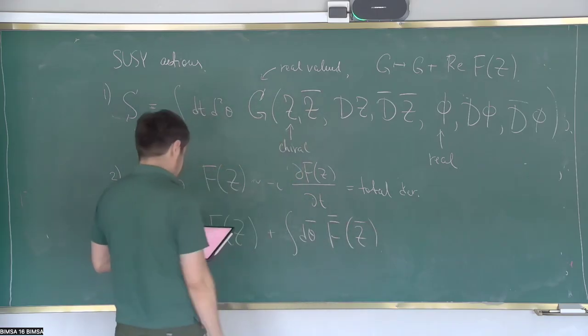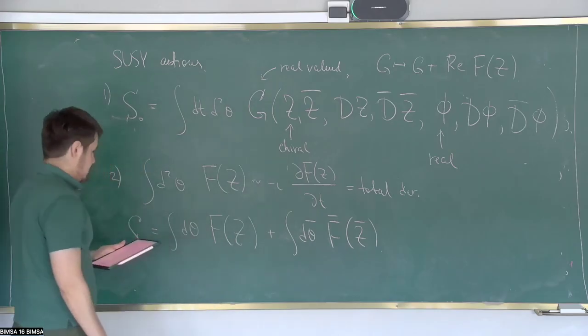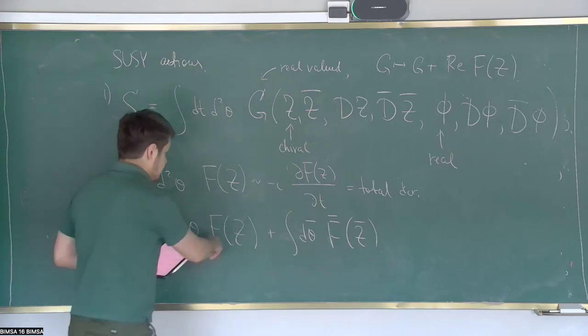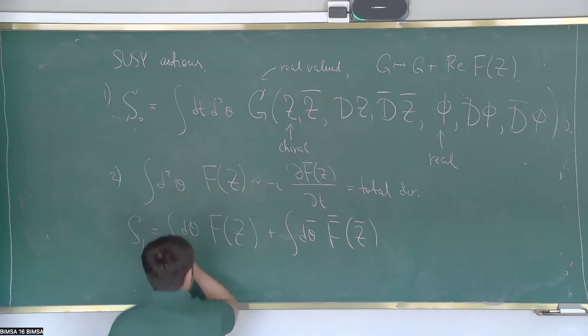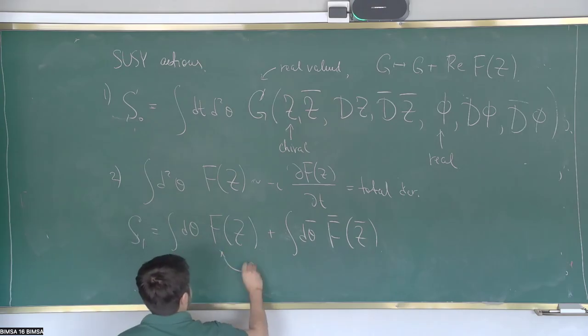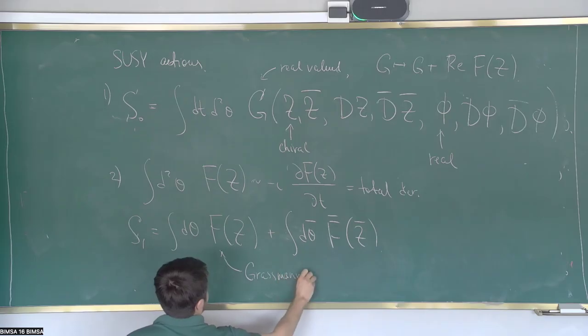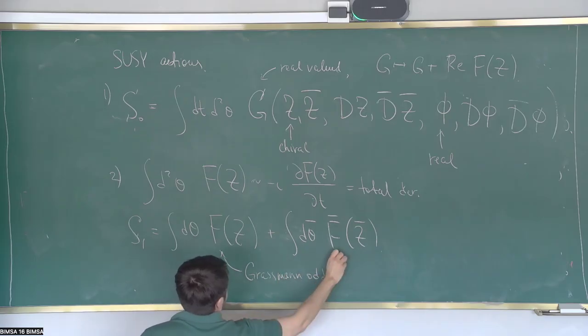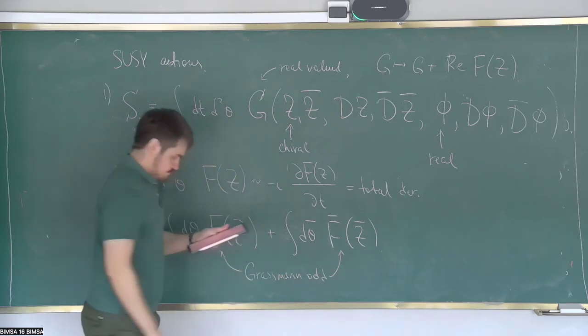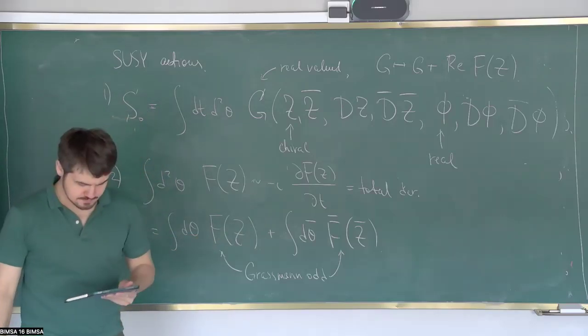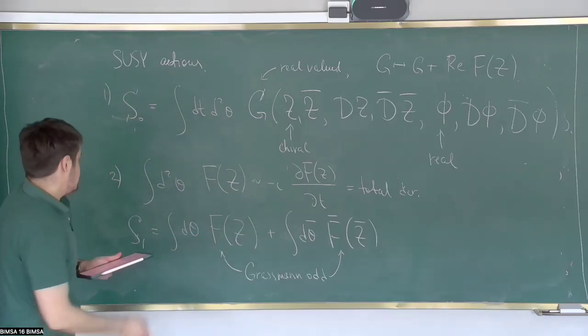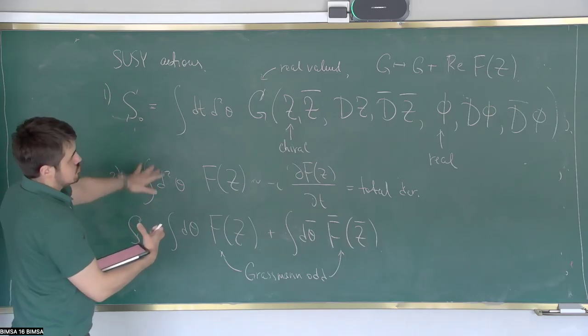This will again be a real function. But notice that now f has to be Grassmann odd for this to be Grassmann even. So the general action will have these two terms.